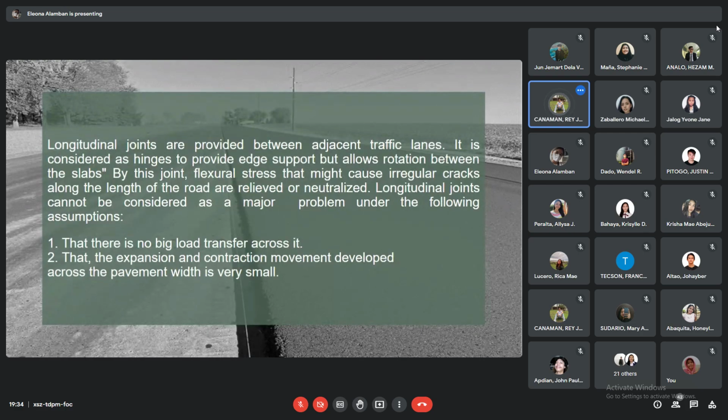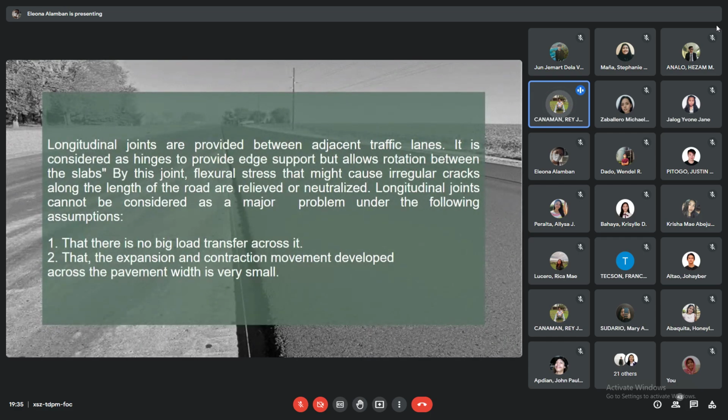By this joint, flexural stress that might cause irregular cracks along the length of the road is relieved or neutralized. So longitudinal joints cannot be considered a major problem under the following assumptions. In fact, longitudinal joints are normally designed at a regular spacing of 4.5 meters to accommodate the effect of differential settlement of the pavement foundation.